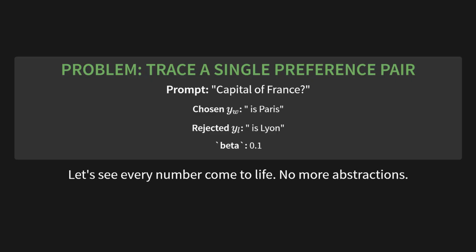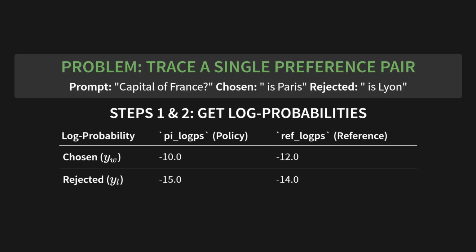No more abstractions. Okay, check out this table. Steps 1 and 2, get log probabilities. So we feed our prompt and completions to both models. Let's say for the chosen response, Paris, our policy model gives it a log probability of -10, and the reference model gives it -12.